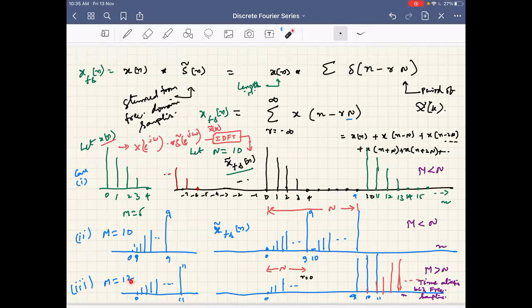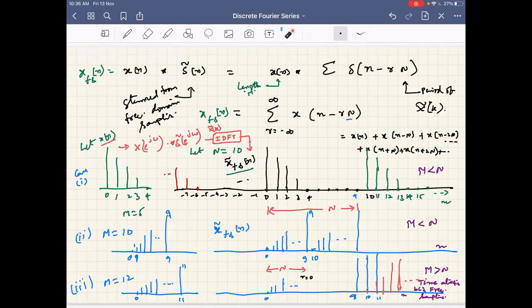Similarly, if there are 12 samples, what will happen? The first replication of the sequence x of n will be 0 to 11. And where does the next one repeat? It repeats at 10. So it starts coming from 10, and there is a mix of time domain sequence values that is referred to as time domain aliasing. Similarly, if you see here, where does it repeat?